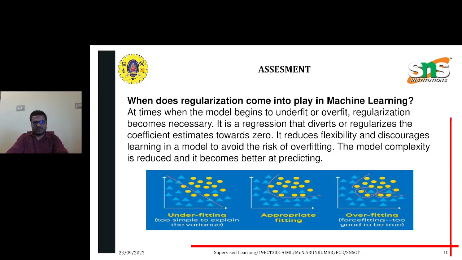This is explained by three steps: underfitting, appropriate fitting, and overfitting. Even with vending machines, the same process applies, because most of the coins are filled, or most of the coins are not yet filled, or most of the coins are overfitting. These processes are explained using these three steps.